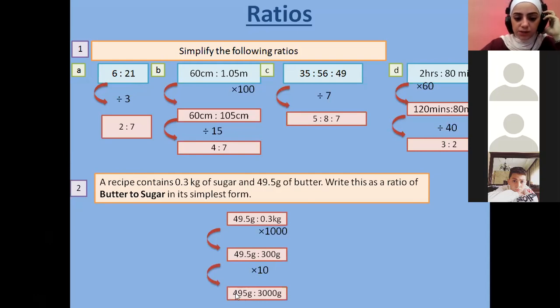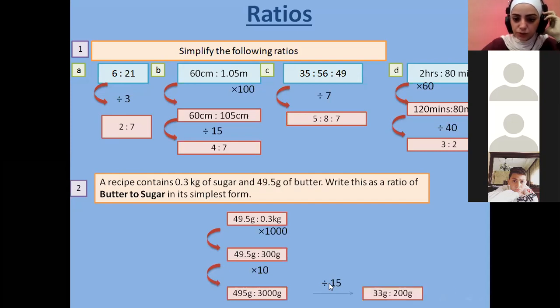Now this is our ratio ready: no decimals, no different units. Now we just need to simplify it. Divide by 5. Yes, you can keep dividing by 5 many times until you reach the simplest form, or you can directly divide by 15.